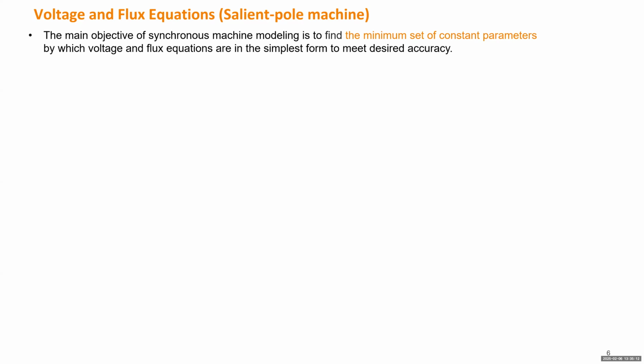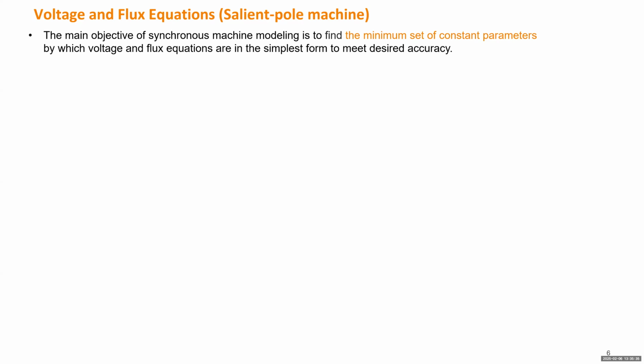Okay. And it will be important to make all the parameters constant. You don't want any parameter which will be a time function, changing with time. Then that's not a good model. It definitely has to be a constant value. And also we don't want to have so many parameters, because it is possible that some parameters are not independent from others.